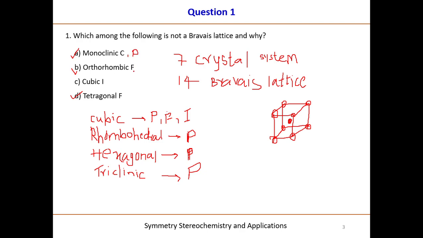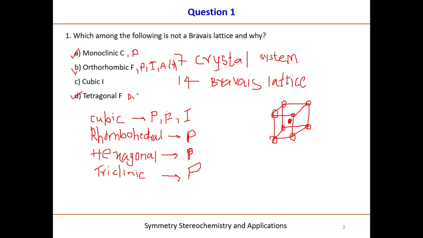So both cubic and primitive are Brevis lattice in monoclinic, and orthorhombic have all 4 types of unit cell, like face centered, primitive, body centered, and A. All 4 type of lattice. While talking about the tetragonal, we have primitive and body centered lattice only.